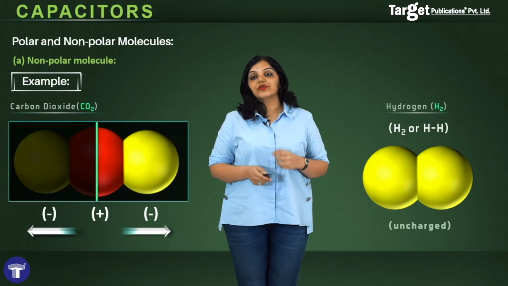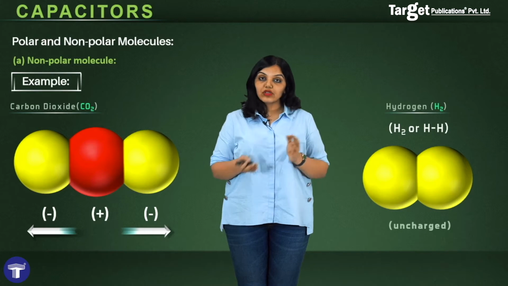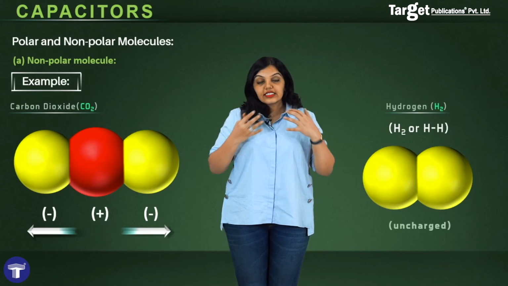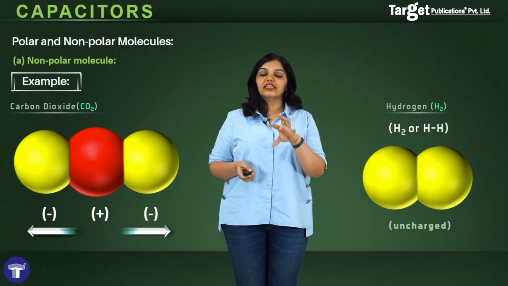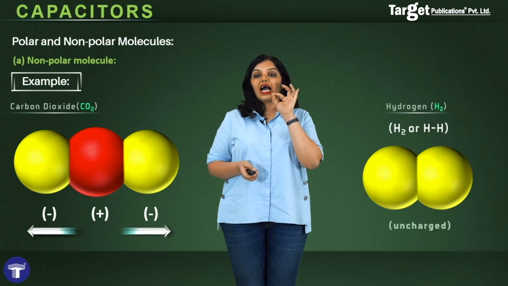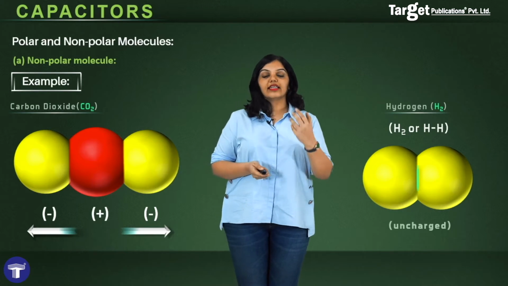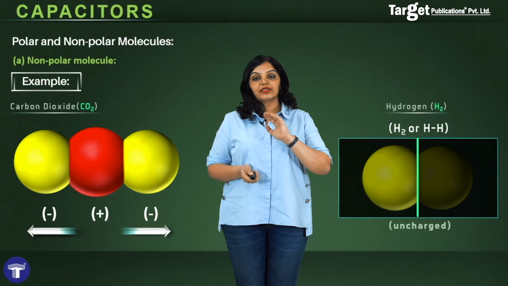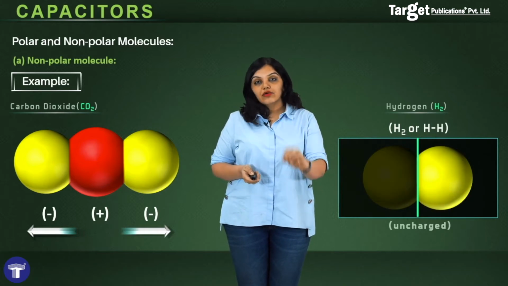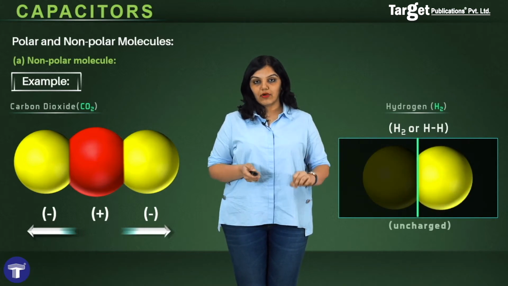The same thing happens with hydrogen. In case of hydrogen, both of them are exactly the same atom, so their positive and negative charges will obviously be at the exact center of the molecule, and like I've already said, it is symmetric. So look for symmetry, and usually that will be a non-polar molecule.